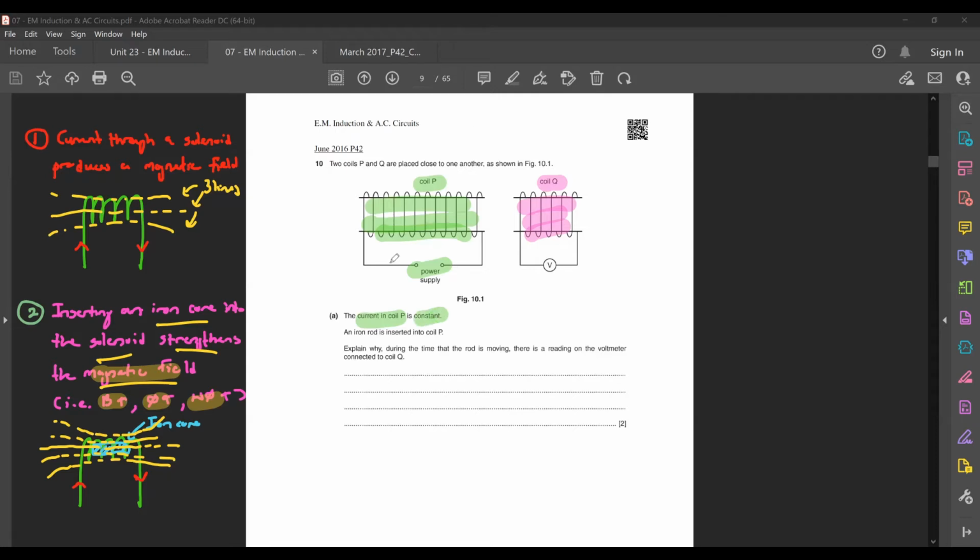So although this solenoid has current flowing through it, the magnetic field that it produces should be constant.